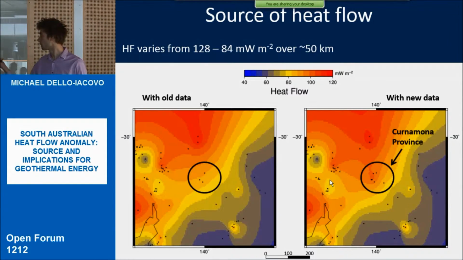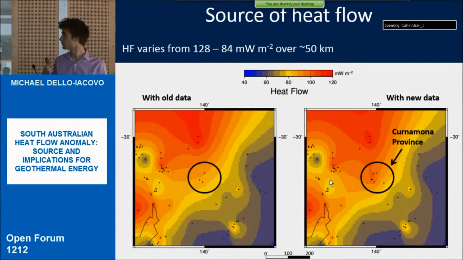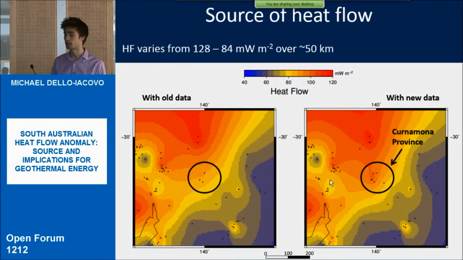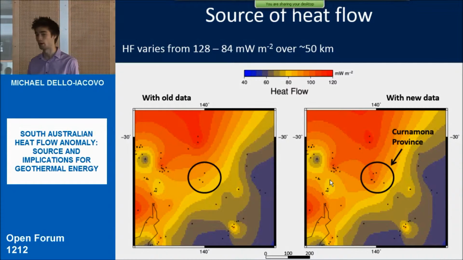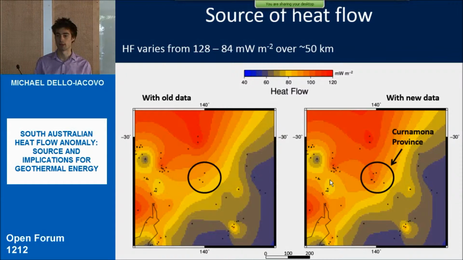In the SAFA, from our new data points, we've determined that the heat flow in the Gawler Craton varies from 128 to 84 milliwatts per metre squared over around 50 kilometres, and that's consistent with other places globally where heat flow is due to a shallow radiogenic source. That's quite a rapid change in heat flow over a short lateral distance.